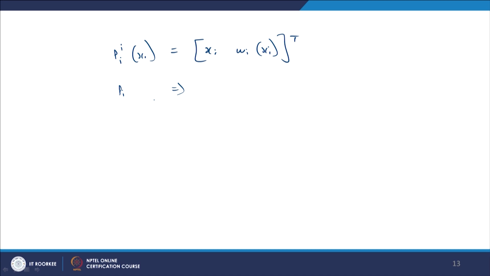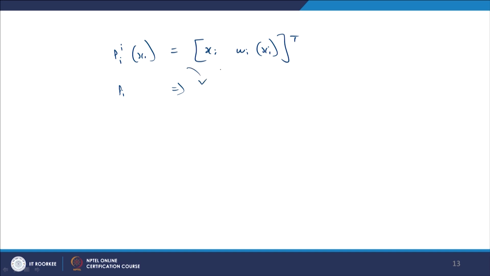From this we have derived the velocity in terms of Jacobian for the flexible link. Here P_i is the position of the same point with respect to the base origin.